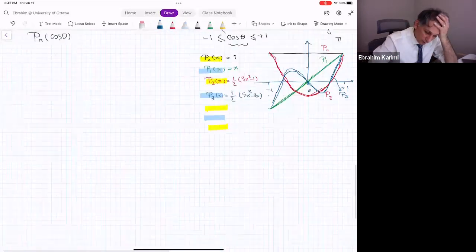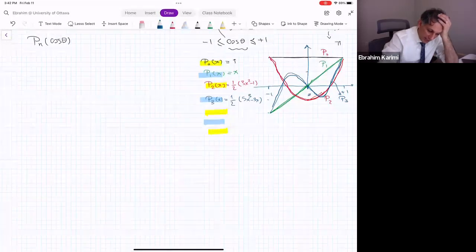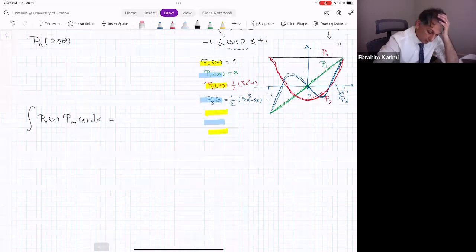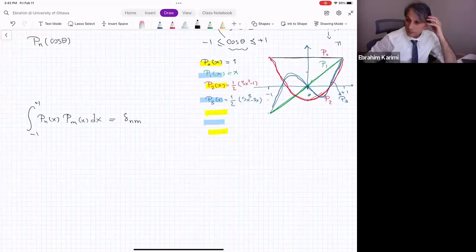For example, if we have this function, let's say P_n of x, and we know that these P_n of x are orthogonal to each other, so it means that the integral of P_n of x, P_m of x dx from -1 to +1 is definitely delta of n and m.